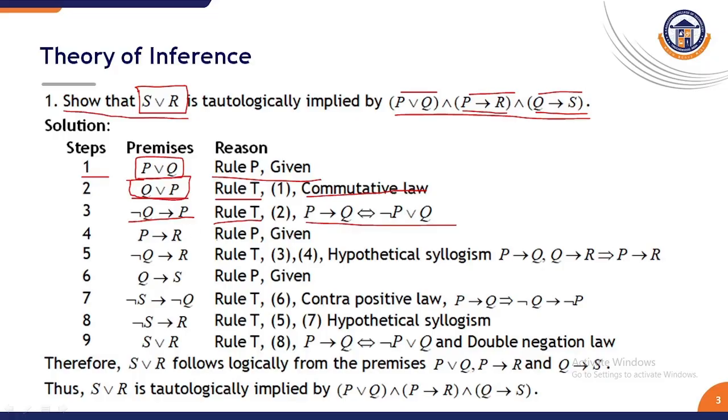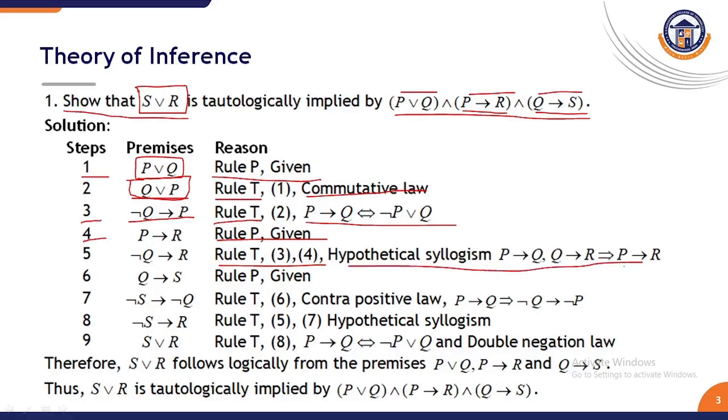In step 4, the given premise is used: P implies R. Next, apply the rule T for steps 3 and 4. That is, use the hypothetical syllogism rule.